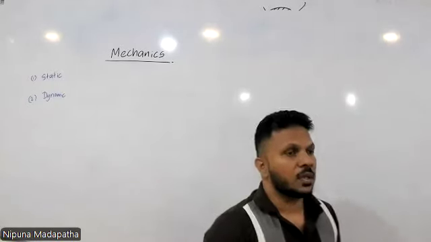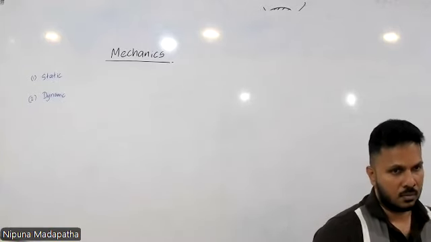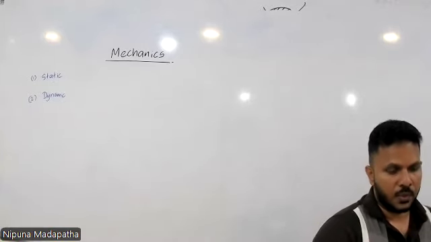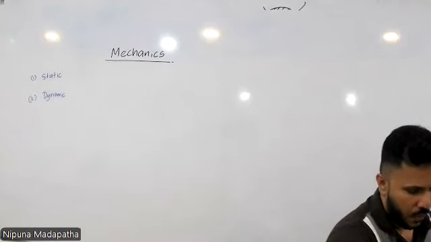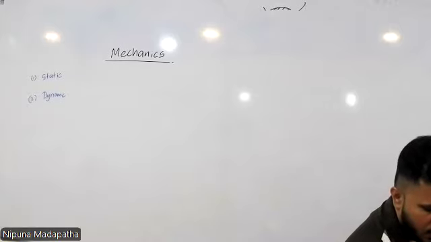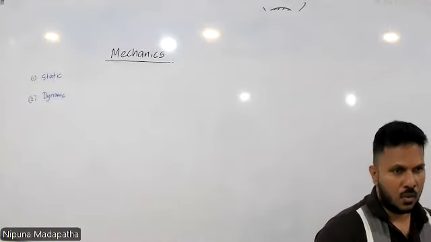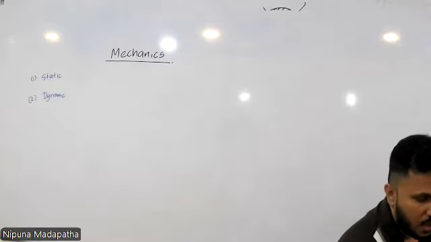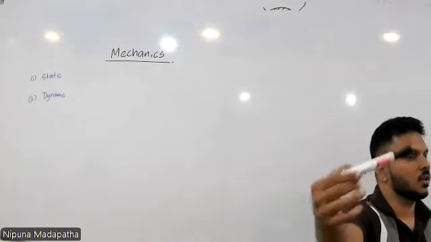So what does statics mean? We learn about objects that are still, objects in equilibrium, right? As an example, if you keep this pen on the table, now it is still. But there are forces acting on it. So we study why the object is at rest, and what forces are acting on it.